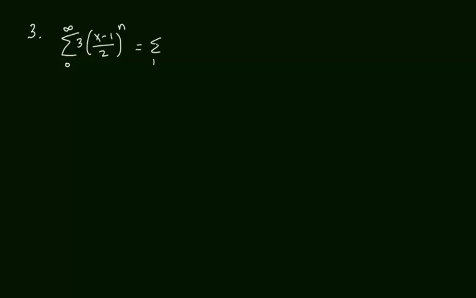I'm going to write this as standard geometric, 1 to infinity 3 times x minus 1 over 2 to the power of n minus 1. So you can see that this is always the first term, and then this quantity here raised to the power of n minus 1 is always the common ratio, if in fact it is geometric.